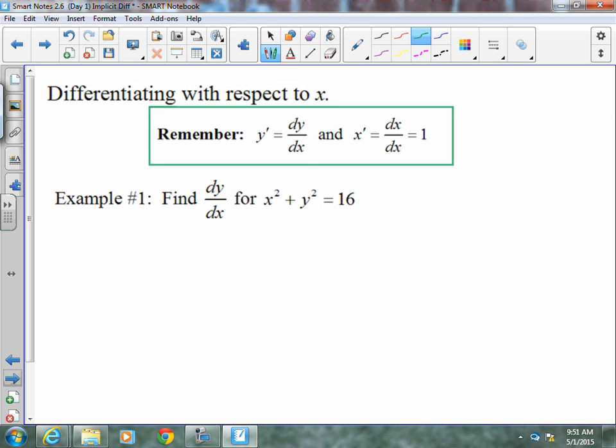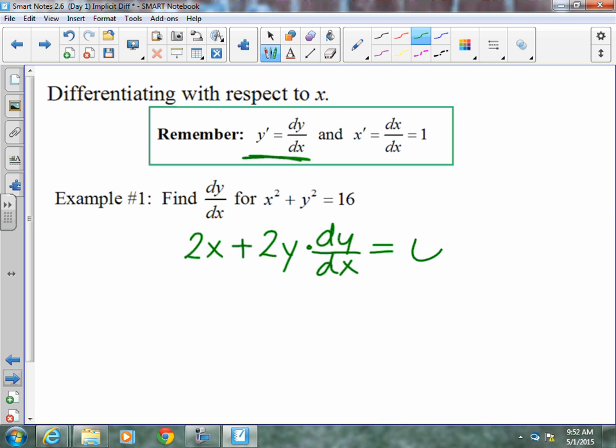Differentiating with respect to x, remember that y has a derivative, x's derivative is 1. So when we derive a term with just an x, like an x squared, it derives like normal. Derivative of x squared is 2x. Derivative of y squared we derive as if it were an x, so 2y, but it's not an x, so we have to multiply by the derivative of y.